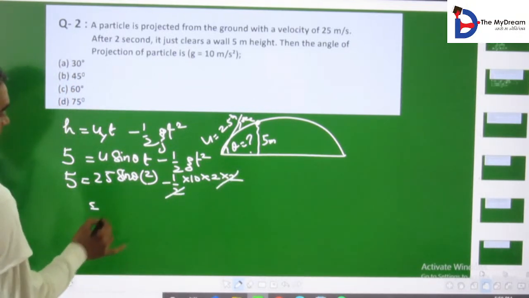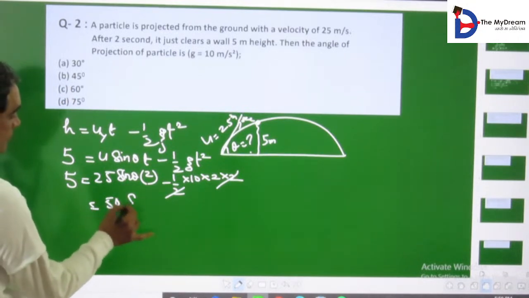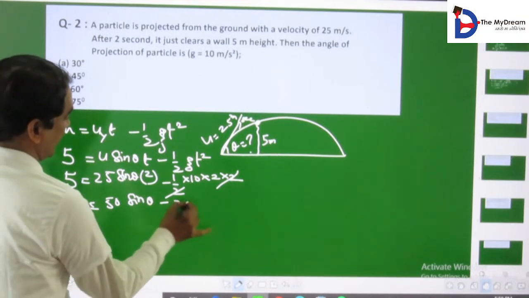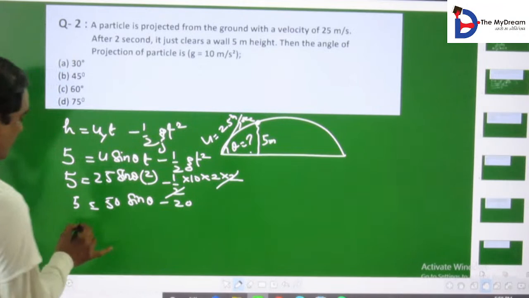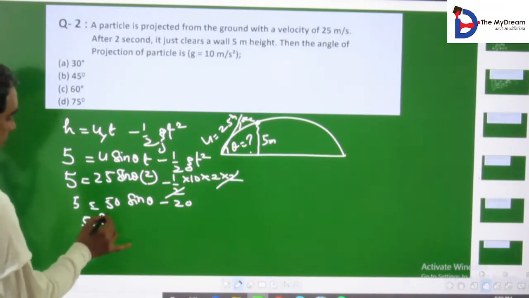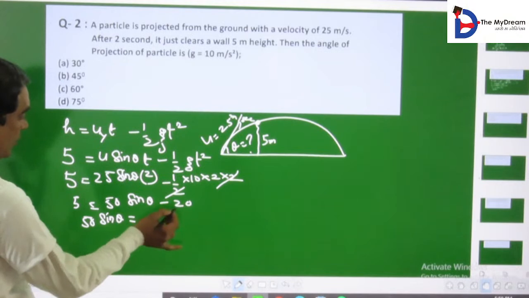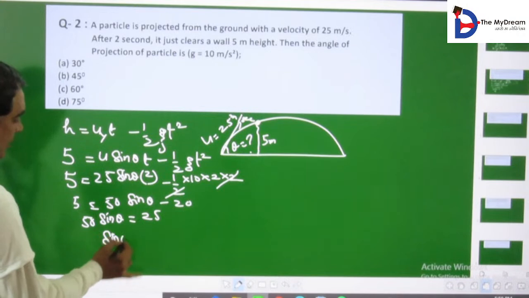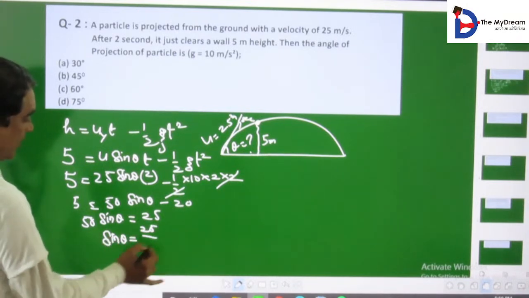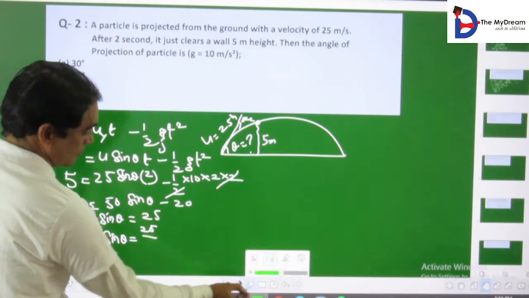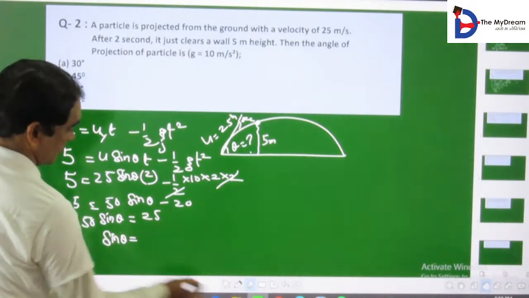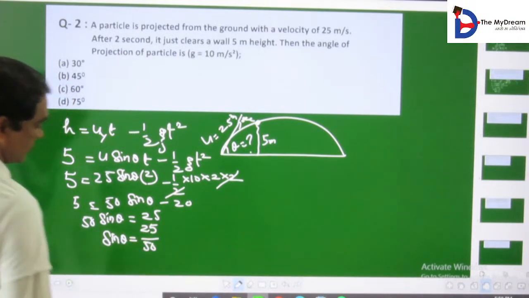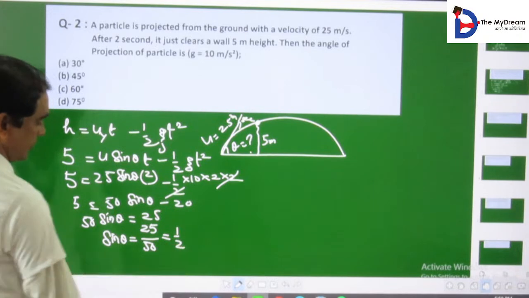So 25 into 2 is 50 sin theta minus 20. So 50 sin theta equals 20 plus 5, it will become 25. Sin theta is 25 by 50, so it will become 1 by 2.